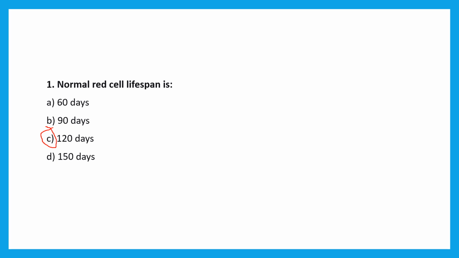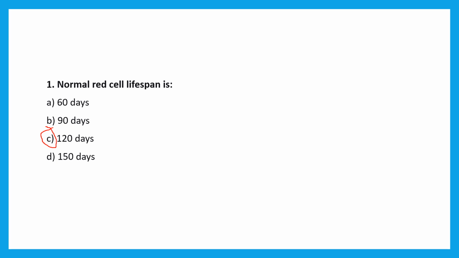After the signaling of these macrophages, they remove these red blood cells from circulation. This is a fundamental concept, and that's why this question was put here, because hemolytic anemias are defined by a significant shortening of this very lifespan. Therefore, this question was important.